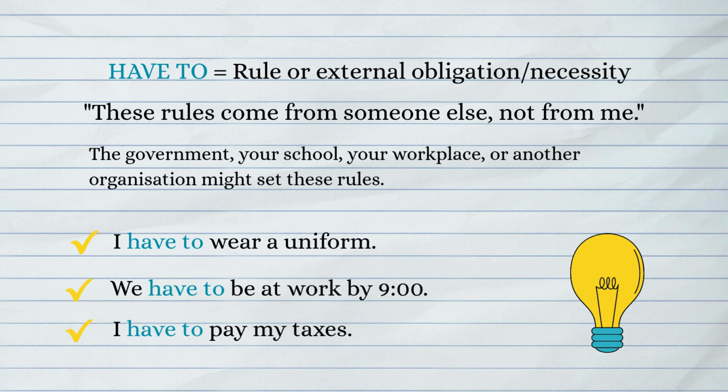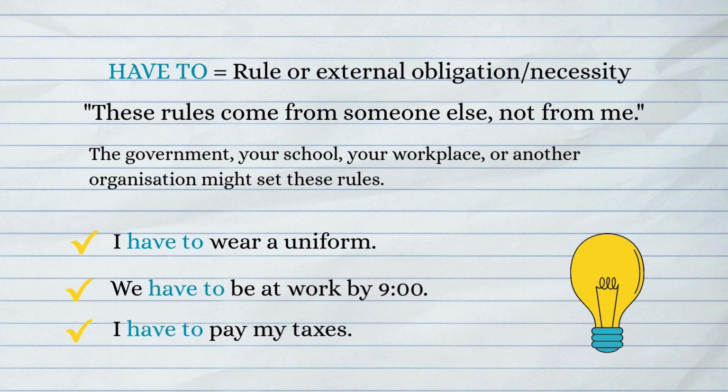For example, if you're driving, you have to wear a seatbelt because it's the law. If you work in an office, you may have to arrive at 9 in the morning because it's a company rule. So remember, we use have to when the obligation comes from an external source, not from our own opinion.